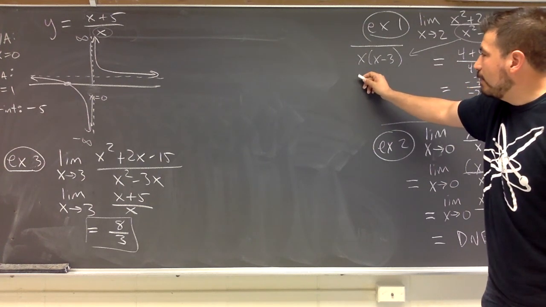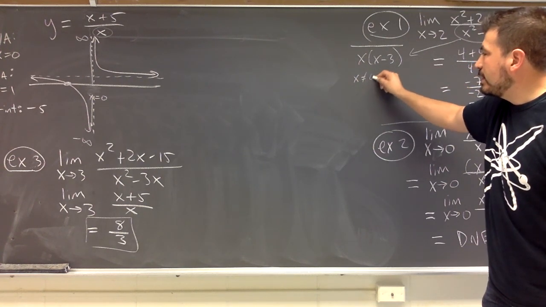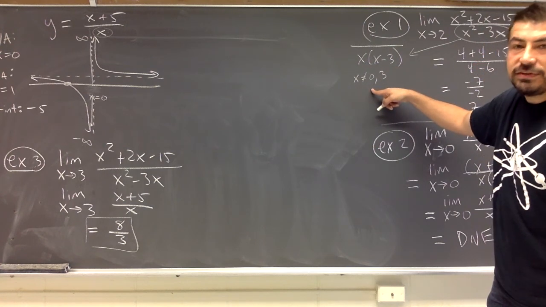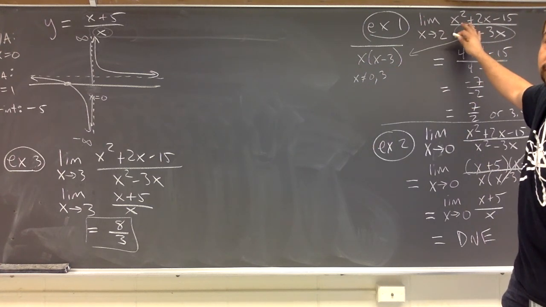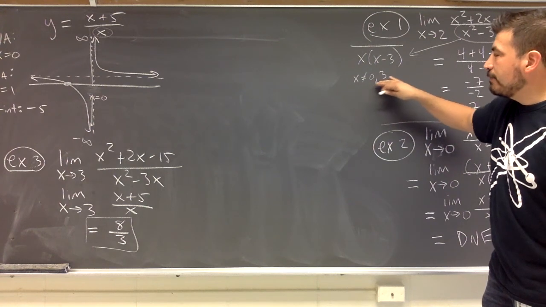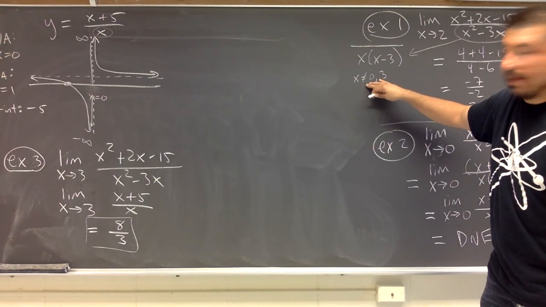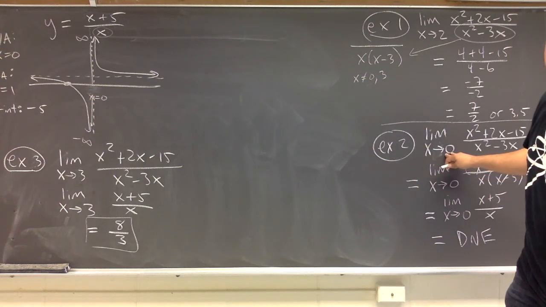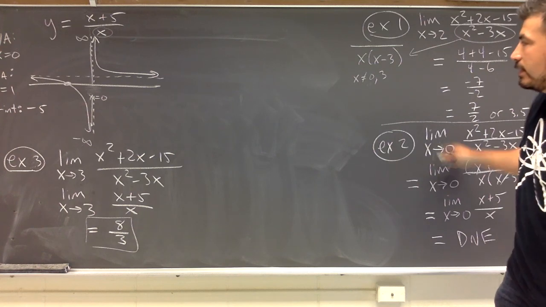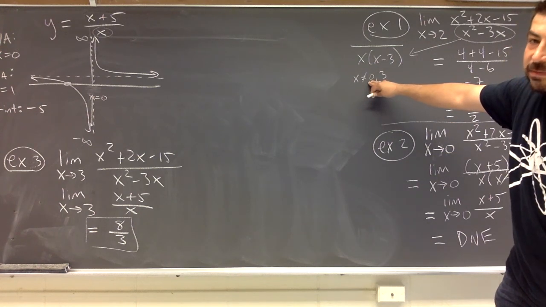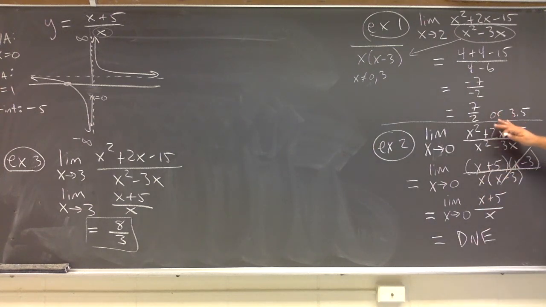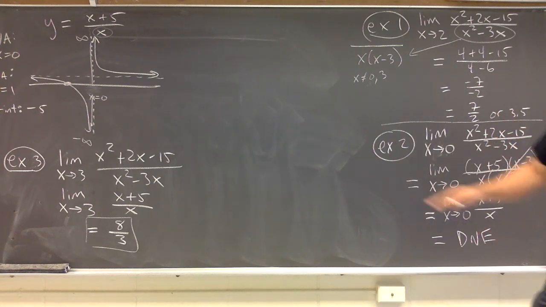You can see right away that x can never be 0 or 3. That's the domain for this rational function. So anytime we have a limit that features these values, like we did for example 2, see how we have the limit as x approaches 0, and we know right away x can never be 0. That means we're going to have to do a couple of things to try to figure it out.